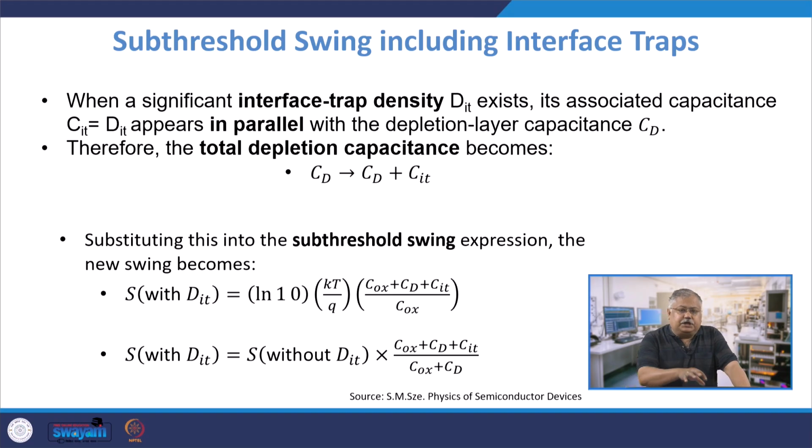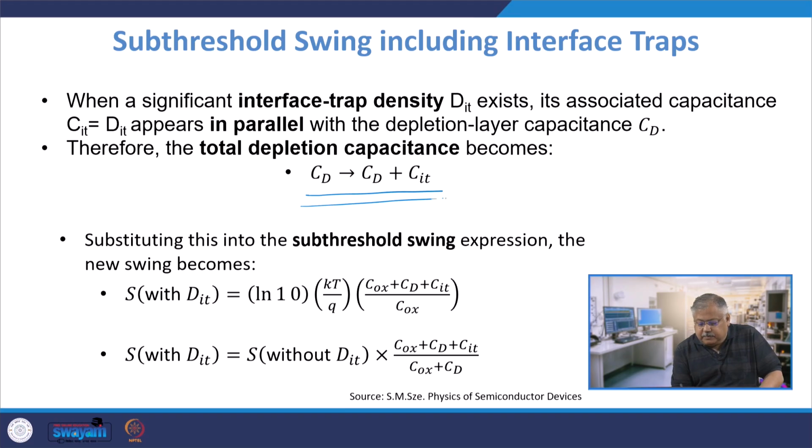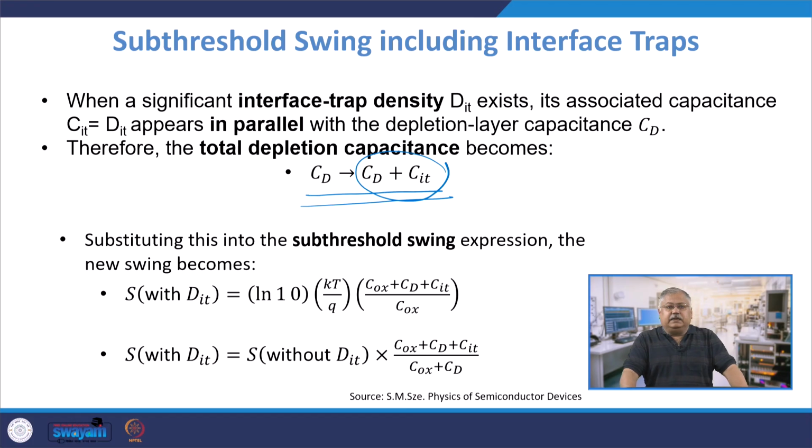So, initially you had a depletion capacitance, now there will also be an interface trap based capacitance which will be in parallel to the depletion layer capacitance. So, the total depletion capacitance becomes Cd plus Cit, where Cd is the depletion layer capacitance and Cit is the interface trap capacitance.